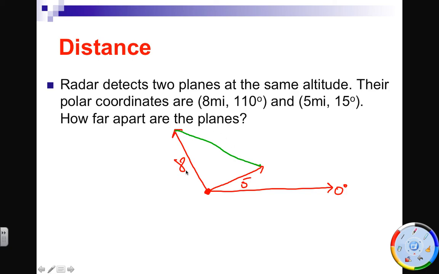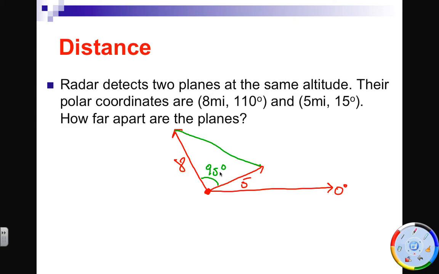Well, you'll notice that that just created a triangle. And if this little angle in here is 15 and the big angle is 110, the angle right here is 110 minus 15, which is 95 degrees. And a 95 degrees, well, look at that.